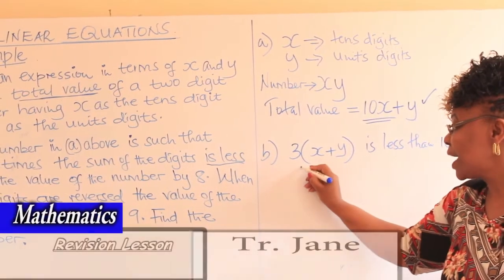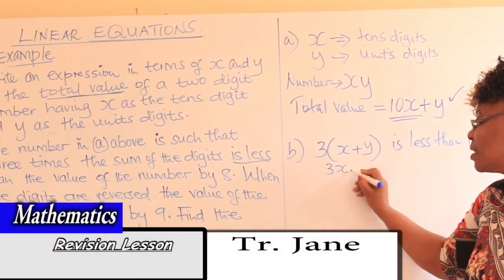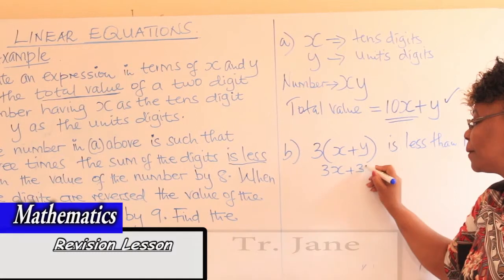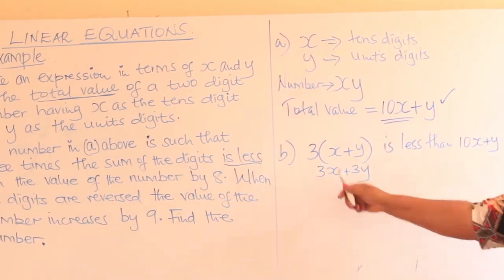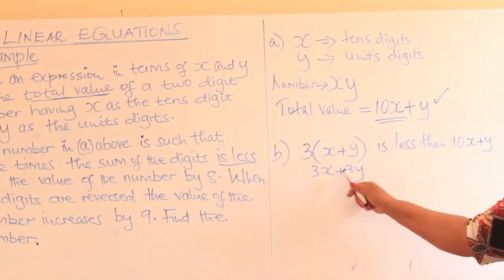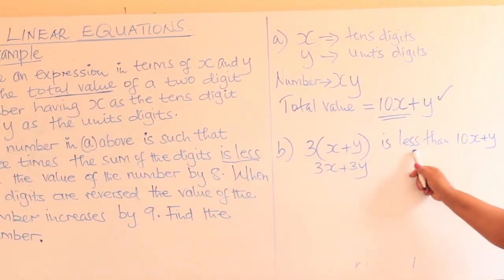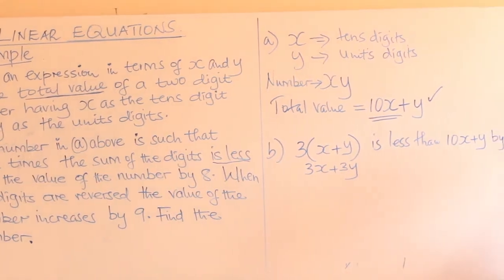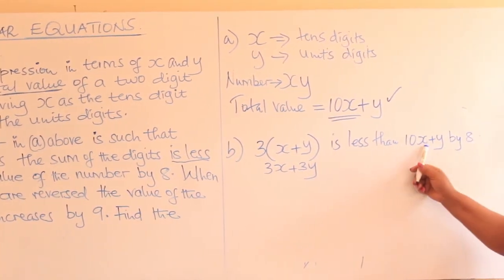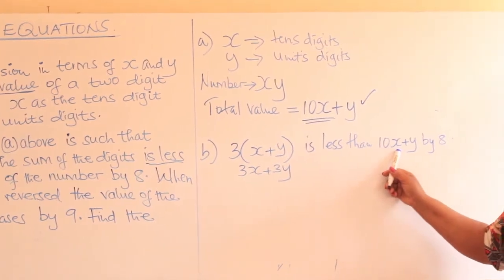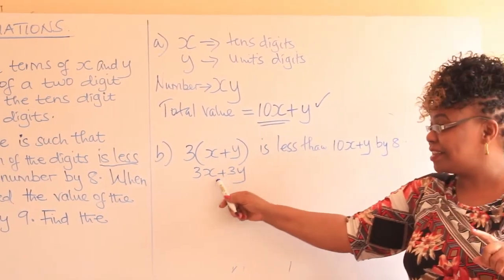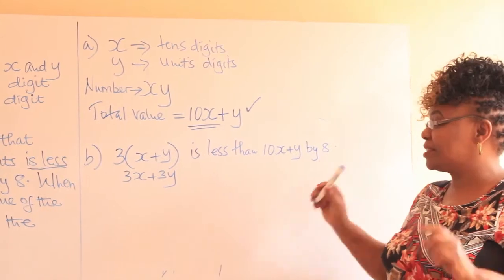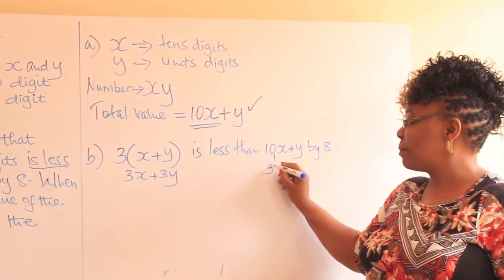If we remove this bracket, we'll get 3x plus 3y. 3 times the sum of its digits, which is this, is less than this by 8. And therefore, learner, it means that the total value is greater than this by 8.